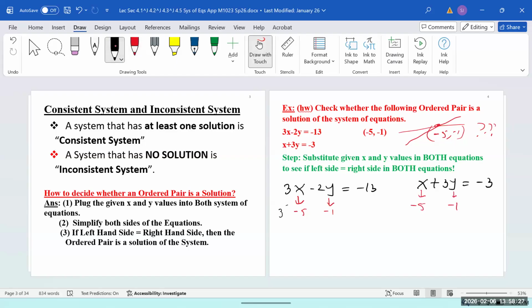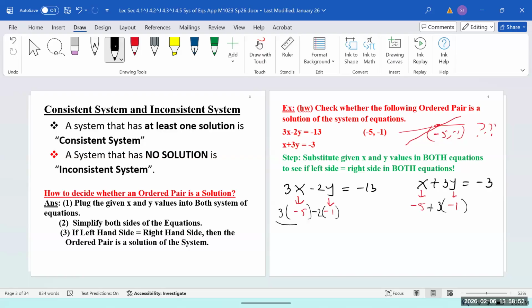So the first one is 3 times -5 minus 2 times -1. The second one is -5 plus 3 times -1. And we'd like to see, after you combine these, do you get -13? After you combine these, do you get -3? If you do, then it's a solution.